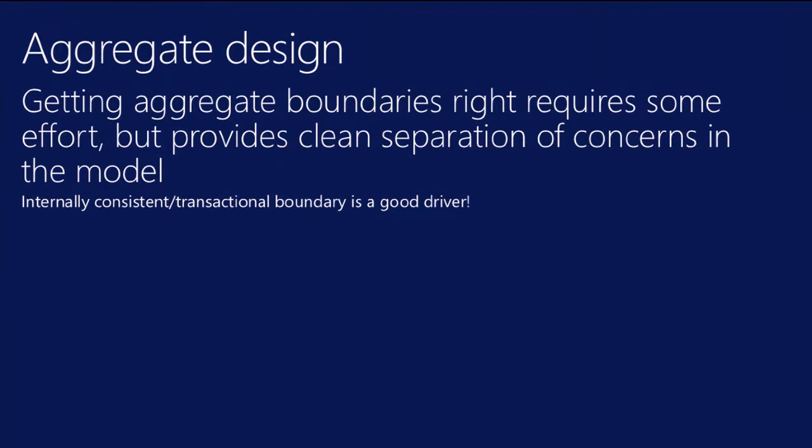Because if you think that here are two objects and they must be consistent with each other at all times, well, then probably they should go in the same aggregate. Whereas if you say that I have two objects and they will change independently of each other, one change here has no effect whatsoever over here, well, then they can probably be in different aggregates.